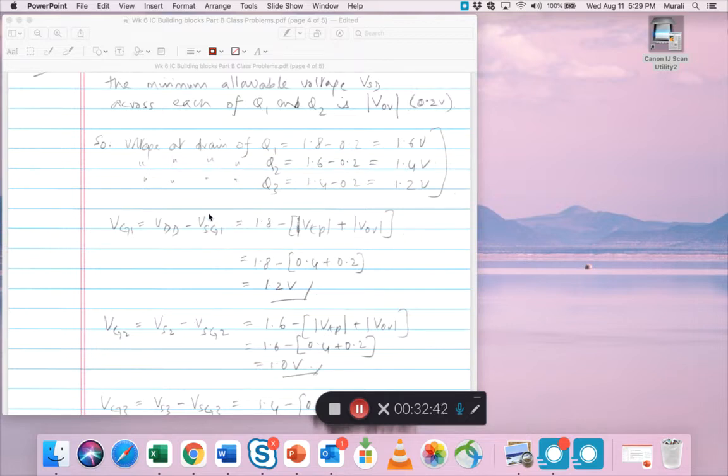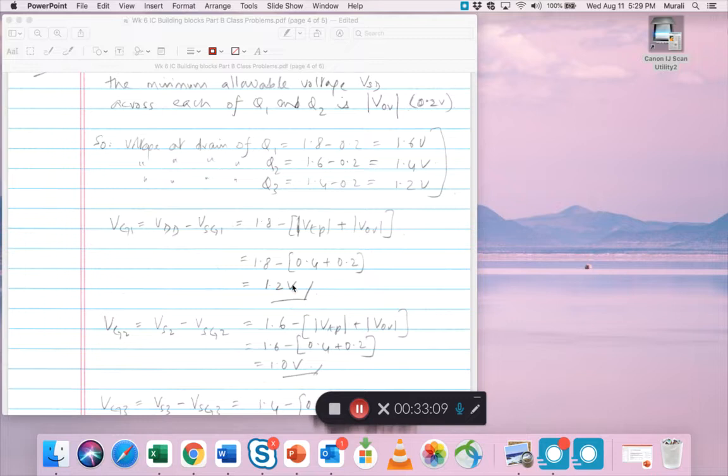So what is overdrive voltage? It is VSG minus VTP, that's how we define it: the source to gate voltage minus the VT. So we are just redoing that, but this is an important formula: VSG1 is VTP plus VOV.